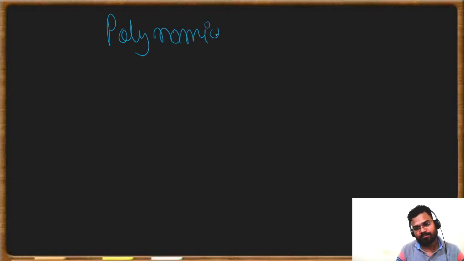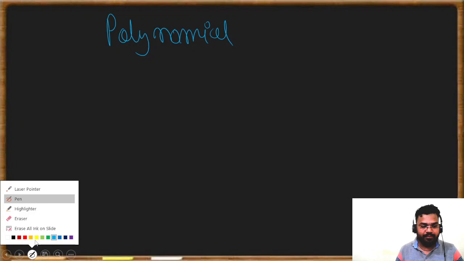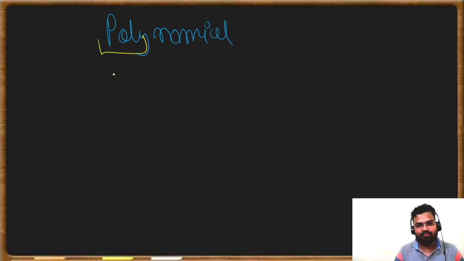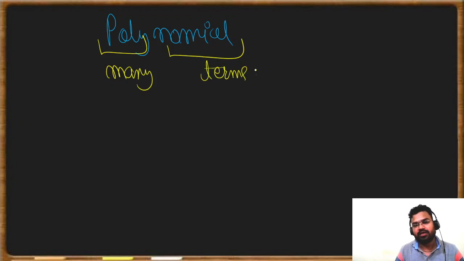I am explaining here: poly means many, and nomial means term. So such an expression which has many terms is known as a polynomial. Is it clear? So we discussed what a polynomial is here.